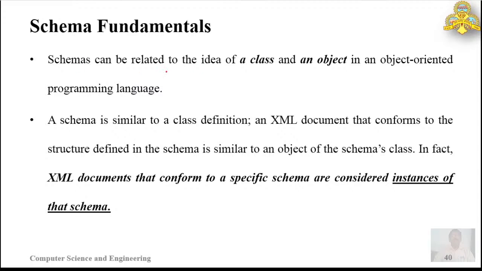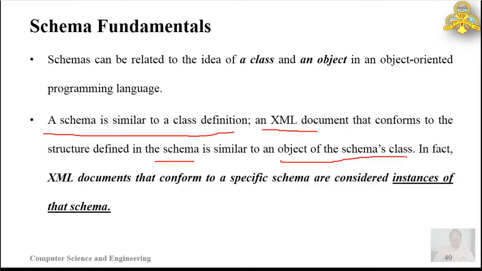Here schemas are considered as a class. So a schema is similar to a class definition, and an XML document that conforms to the structure defined in the schema is similar to an object of the schema's class. So we have done class type of programming in the Java language. There we define a Java class and we create objects of that class.